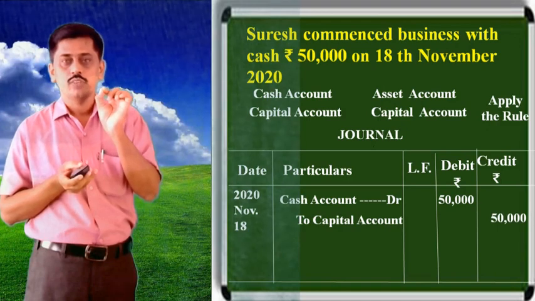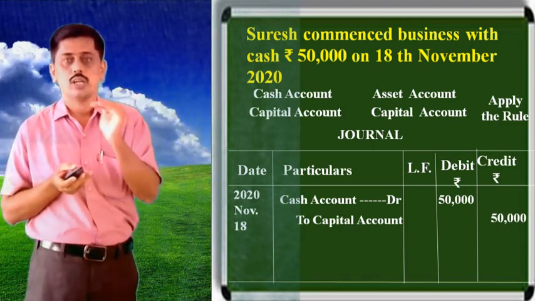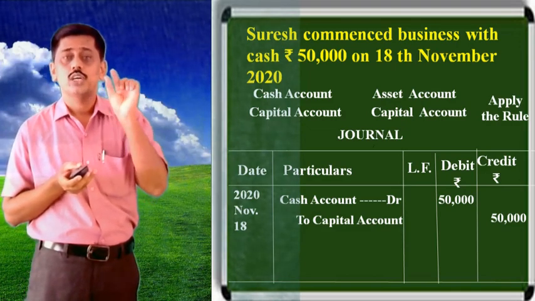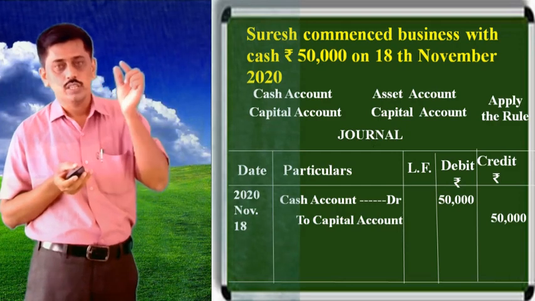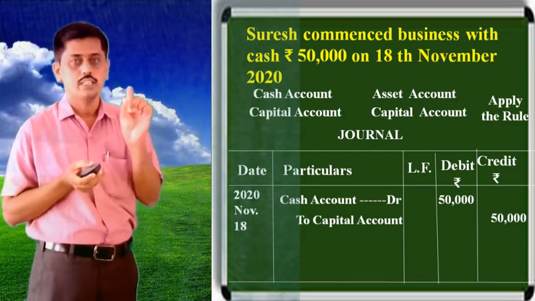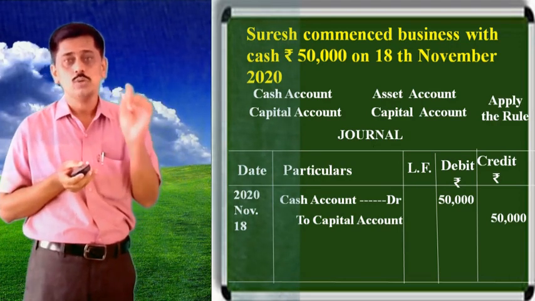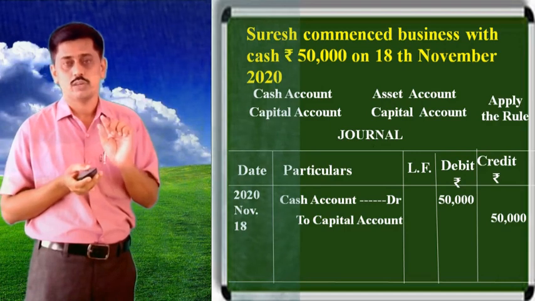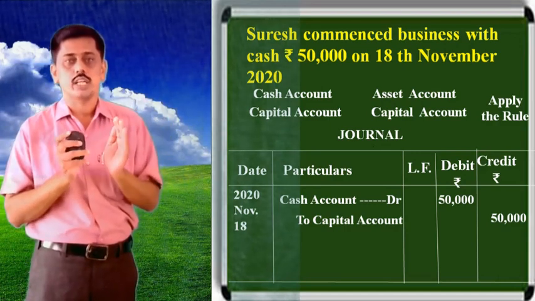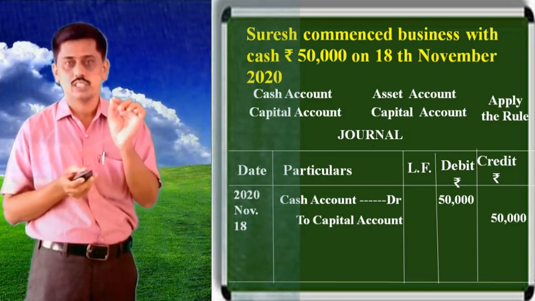How does it read? Cash account debtor rupees 50,000 to capital account rupees 50,000. What do we call this? This is called journal entry. The record of transaction in the journal is called journal entry. Cash account debtor rupees 50,000 to capital account rupees 50,000, and we have seen no journal entry is complete without a narration. Just below that entry, you have to write a brief description.